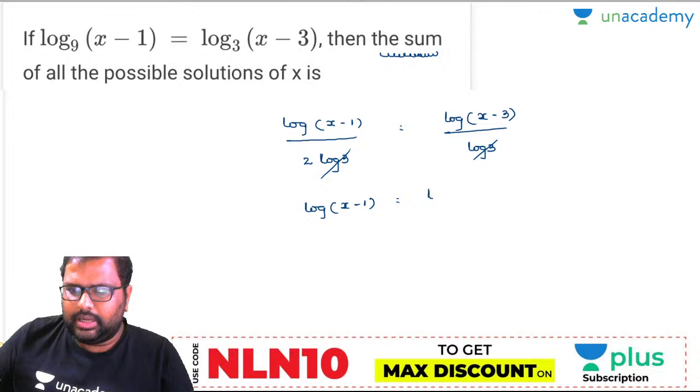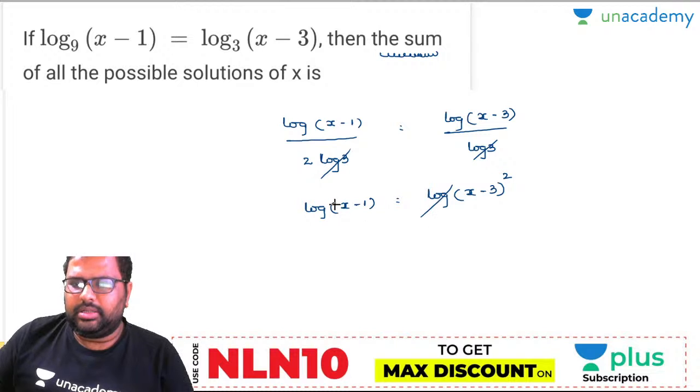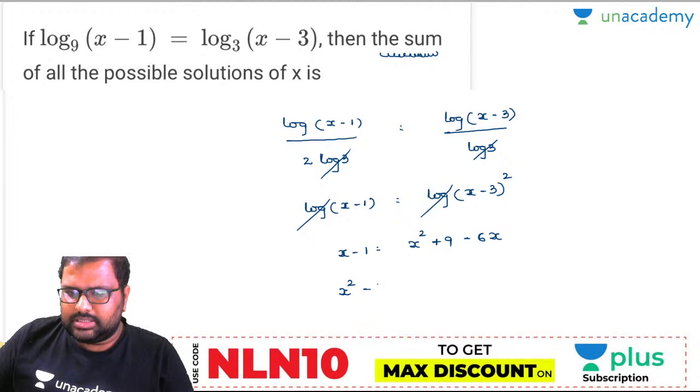I can write directly as log of x minus 3 whole square. Am I right? Yes, perfectly. So log gets cancelled. x minus 1 is equal to x square plus 9 minus 6x. Now you will get a quadratic equation there: x square minus 7x plus 10.